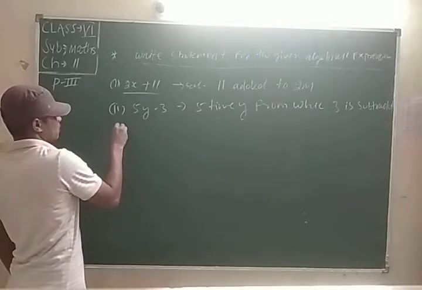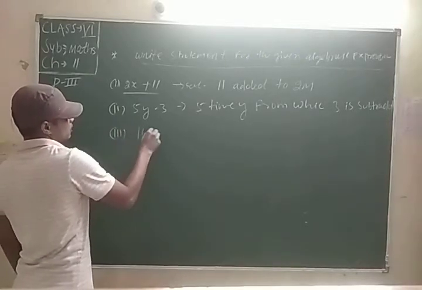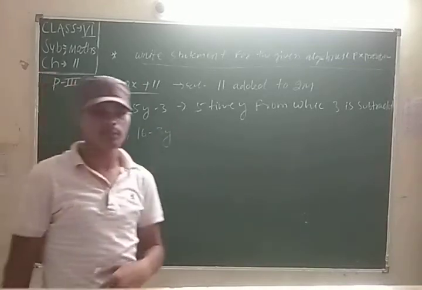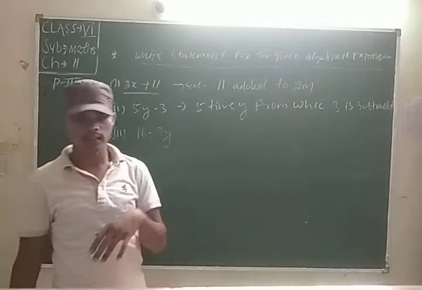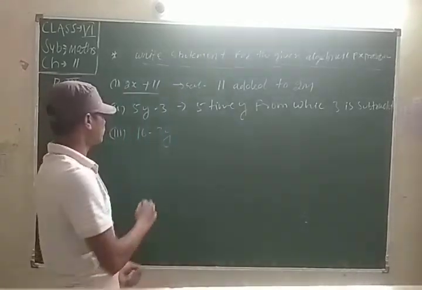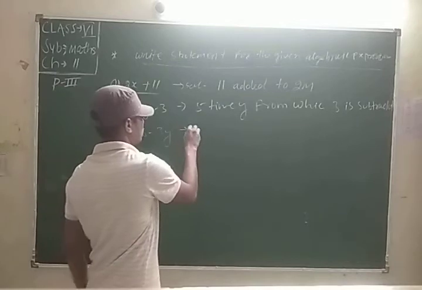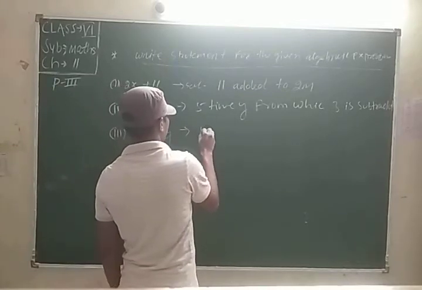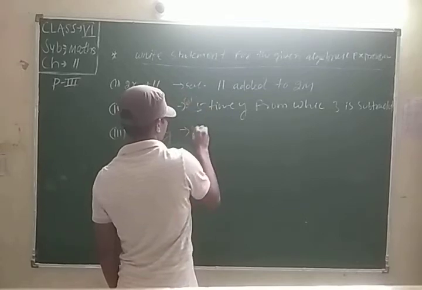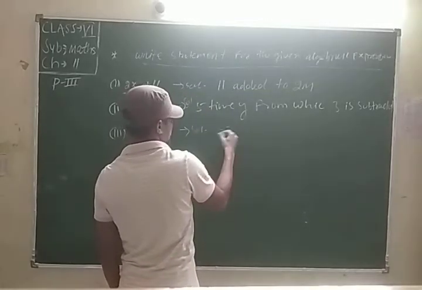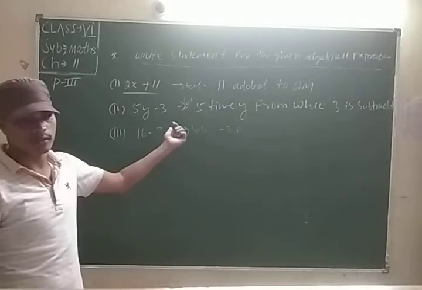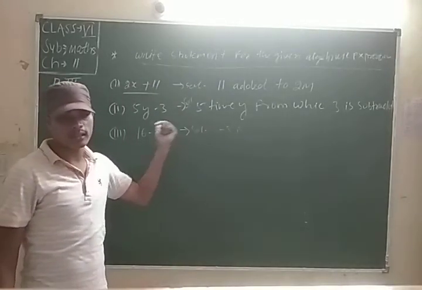Third type of question: 16 minus 3y. If 16 minus 3y is given, then how can we write the answer? 16 minus y multiplied by 3. Here minus 3 is there, then we can write it as minus 3.